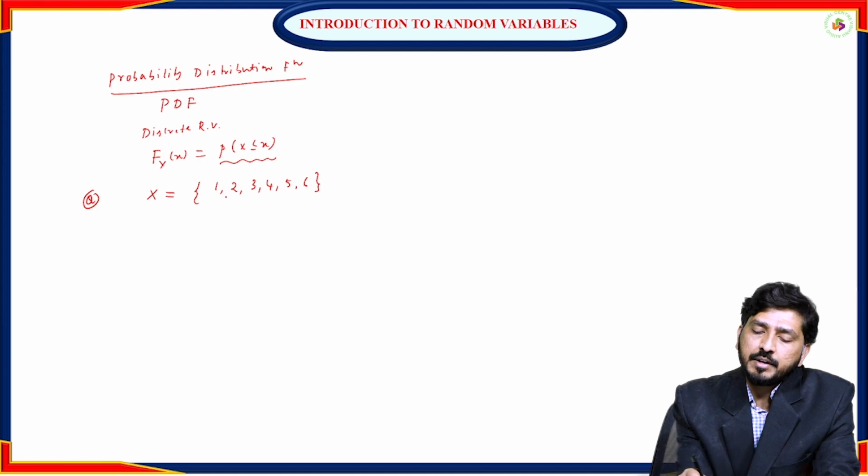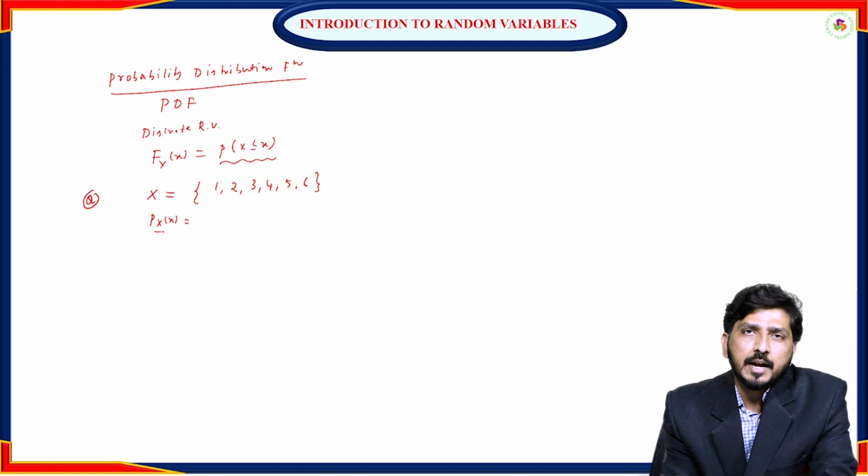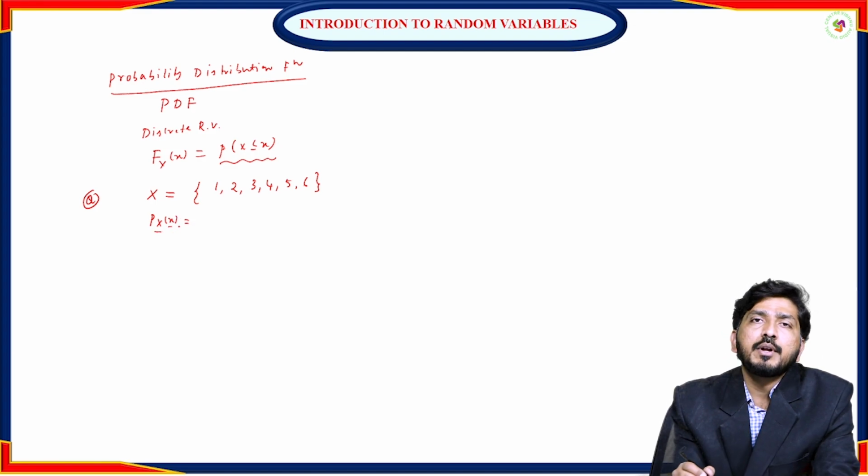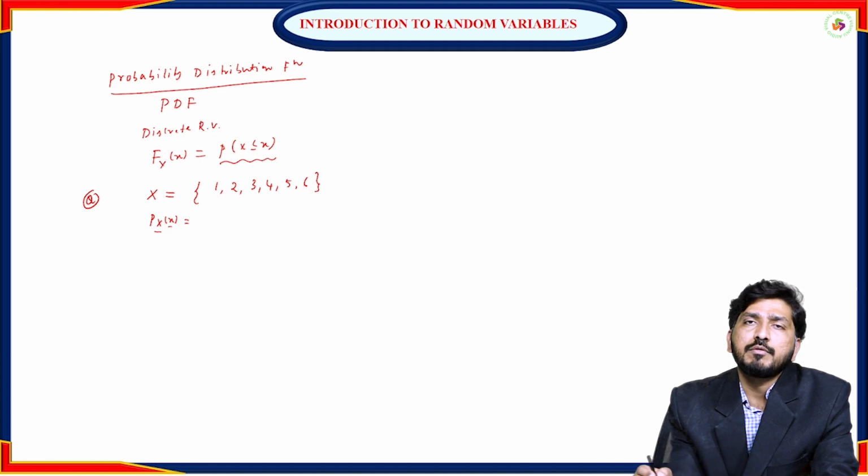Each sample element has corresponding probabilities P_X of x, where capital X is the random variable and small x is the element of the random variable, that is 1, 2, 3, 4, 5, 6.